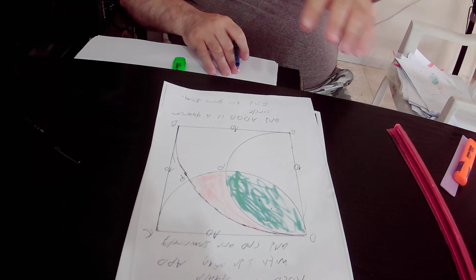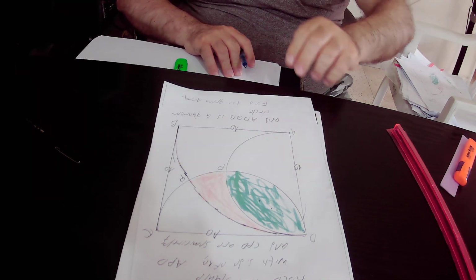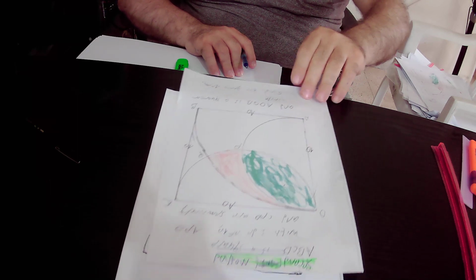So, in the first step, we calculate the area of this blue lens. Okay?